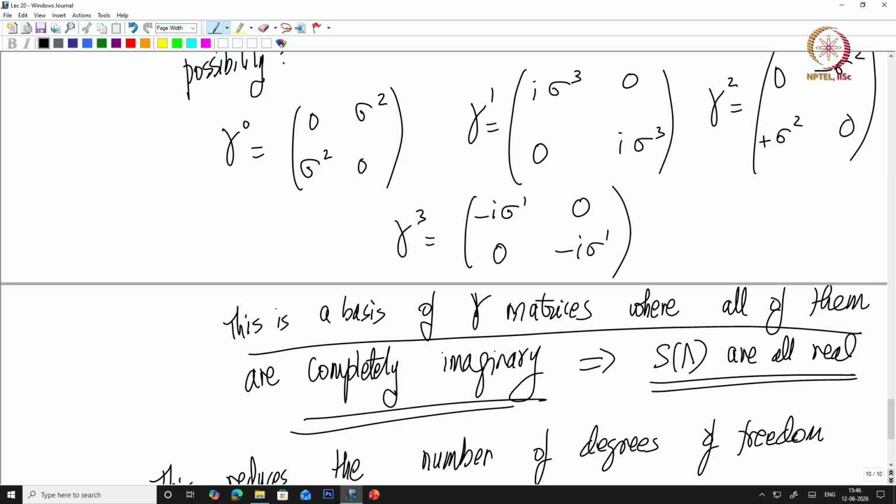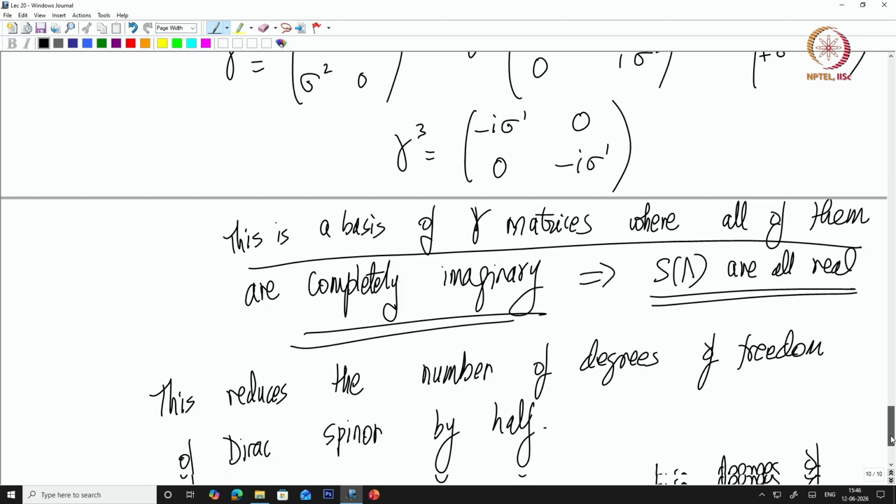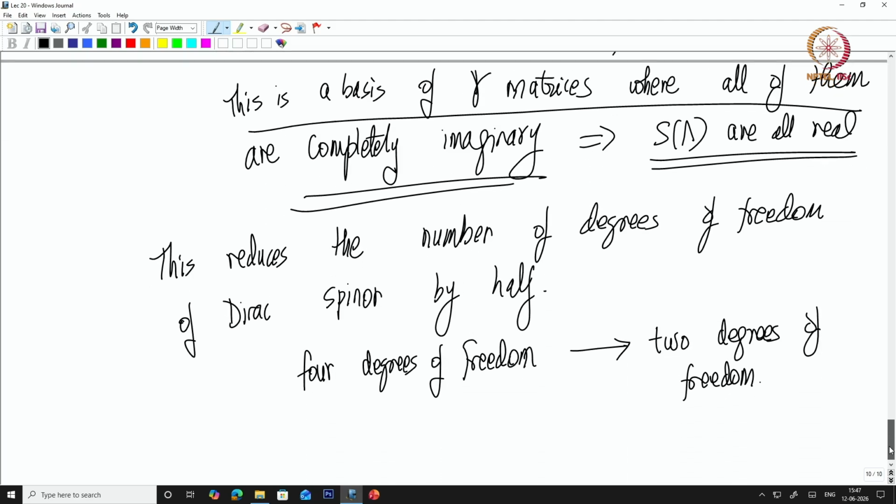The Lorentz transformations are real. So, the basis is completely real, and the spinorial basis vectors which span this is nothing but a real spinor.